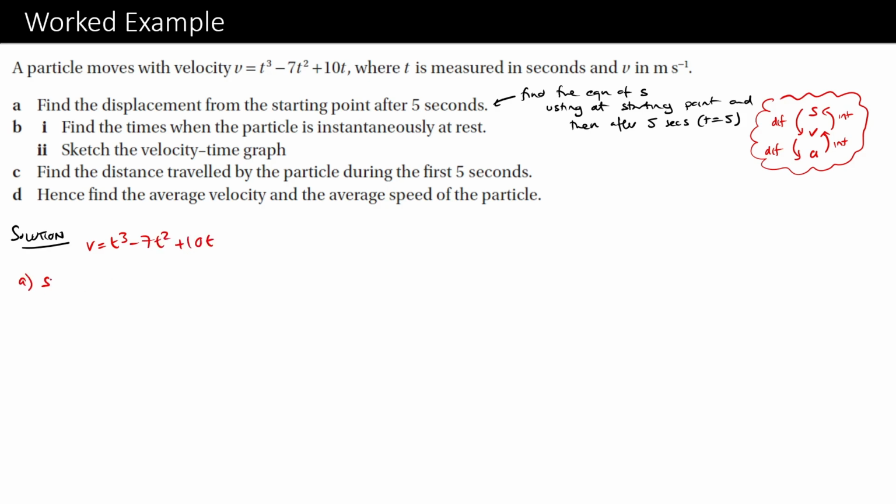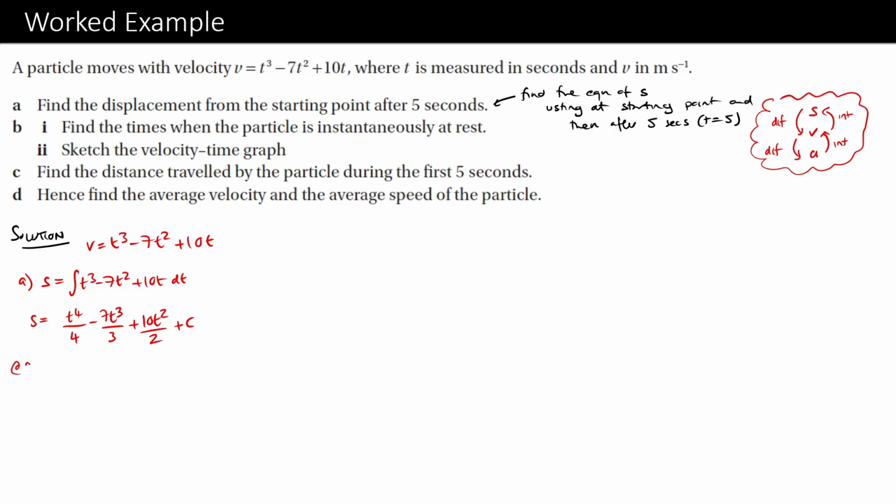So for part A, s is going to be the integral of this, the integral of t cubed minus 7t squared plus 10t dt. So s is going to equal t to the power 4 over 4 minus 7t cubed over 3 plus 10t squared over 2 plus c.